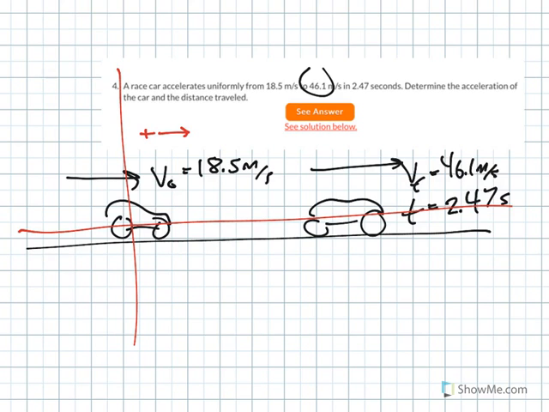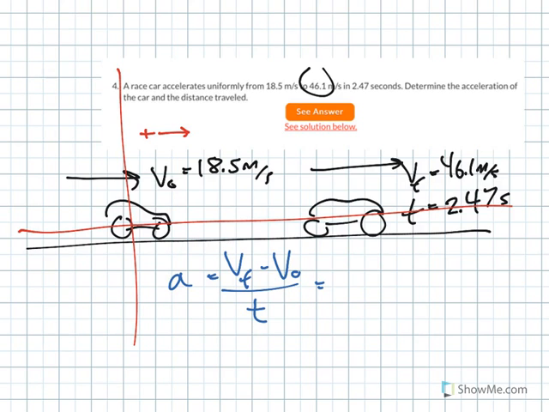And so we want to know what's the acceleration and how far did the car move. Okay, so the acceleration, that's change in velocity over time, or V final minus V naught over T.